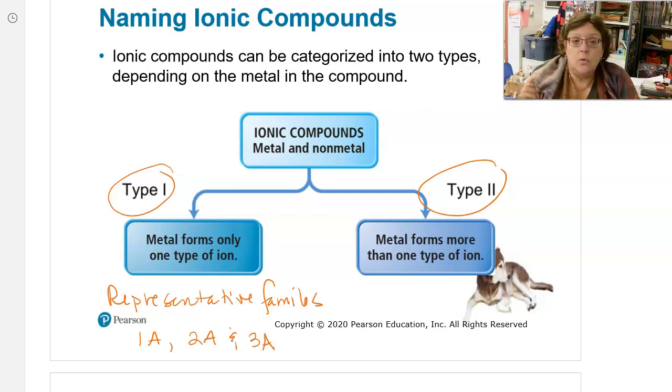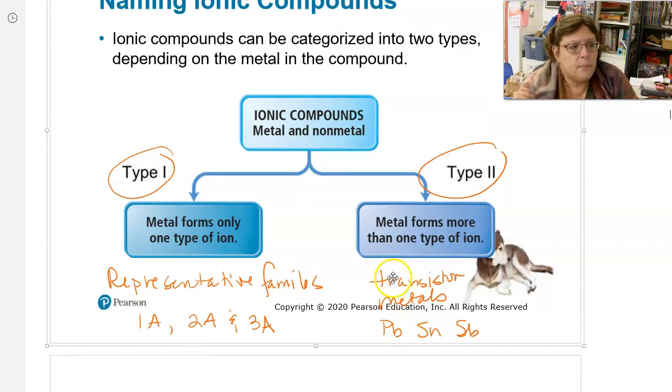Type 2 are going to be transition metals plus lead and tin and antimony and a few others.